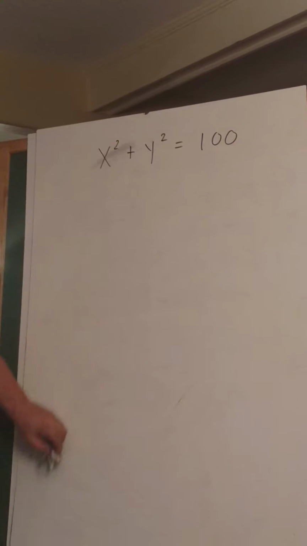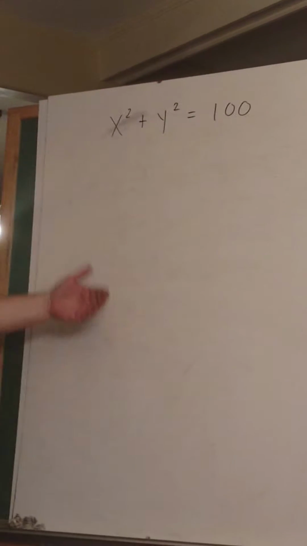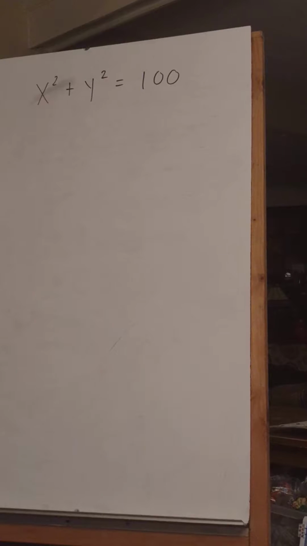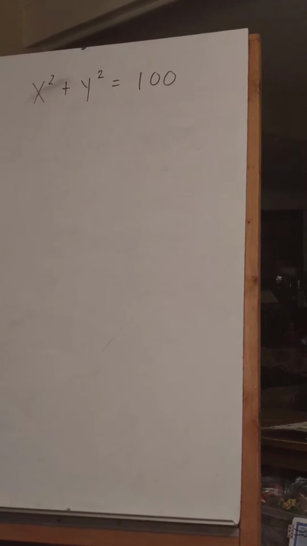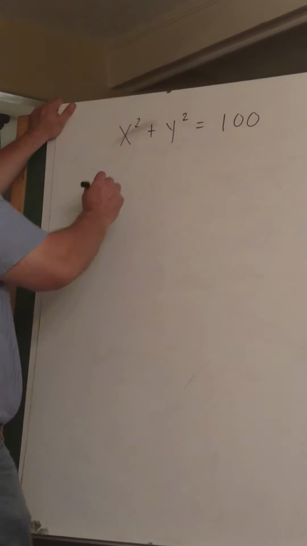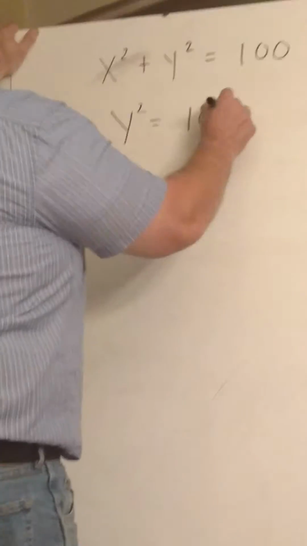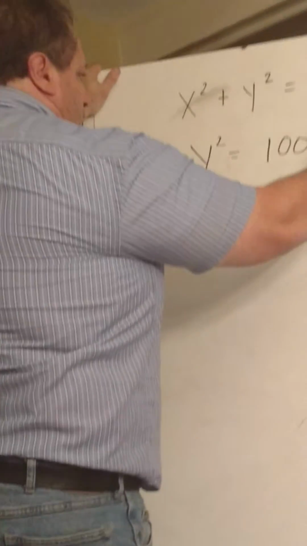I'm going to end up with y equals something. So what do we need to do to solve this for y? Subtract x squared from both sides. So I get y squared equals 100 minus x squared.